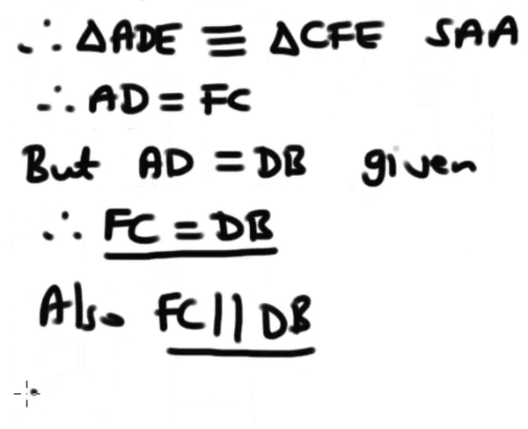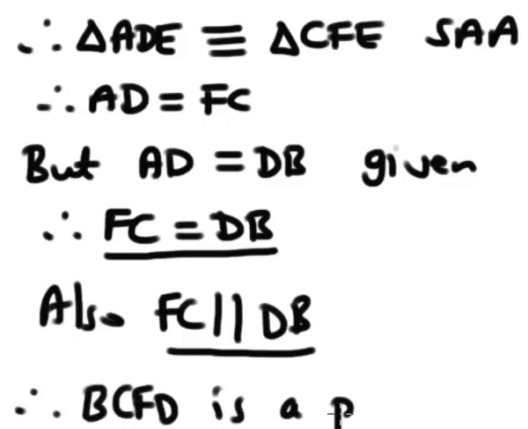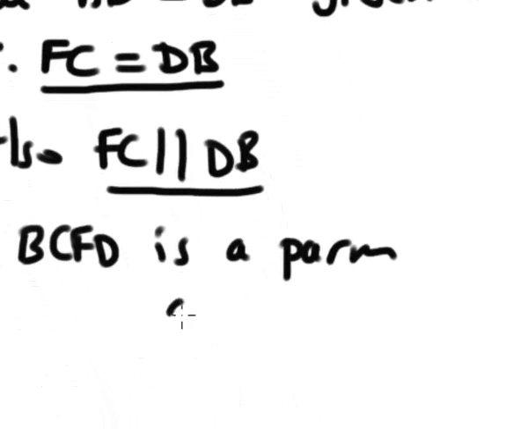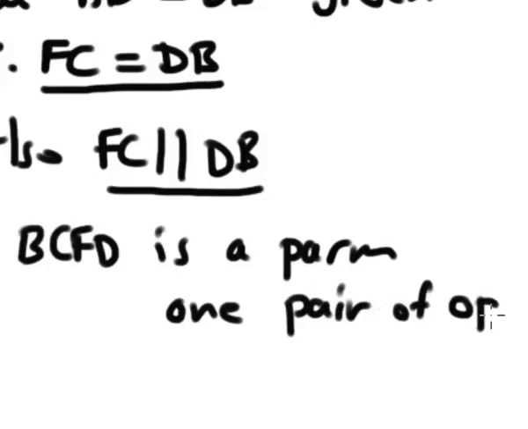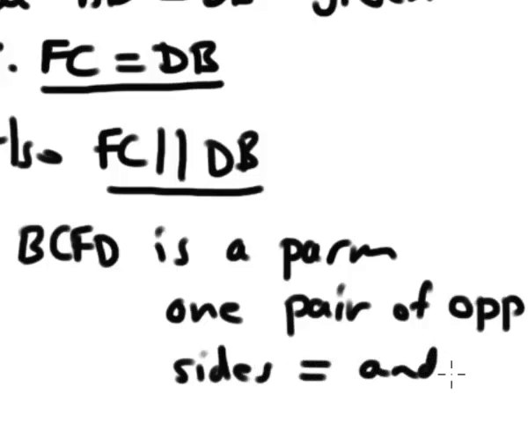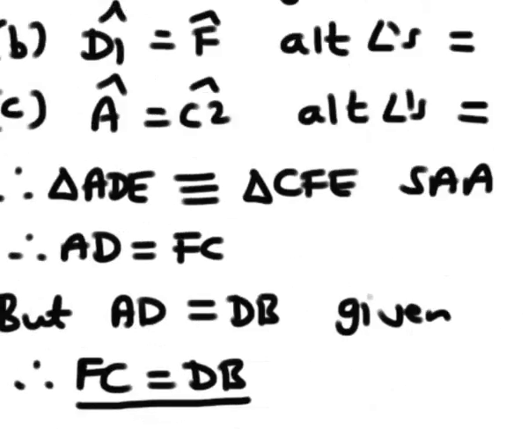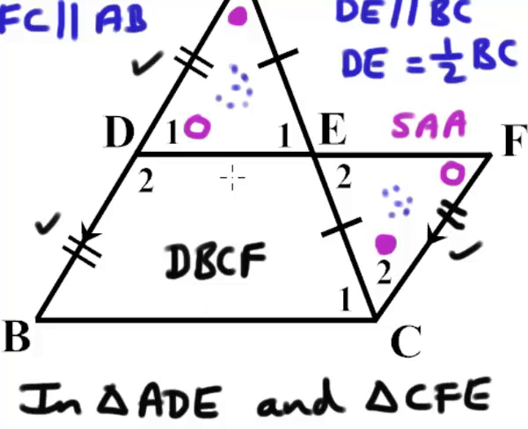So we can write that BCFD is a parallelogram, and the reason being one pair of opposite sides equal and parallel. So there it is. BCFD is a parallelogram, or DB, any way that you like. It doesn't really matter how you express that, but it's a parallelogram.